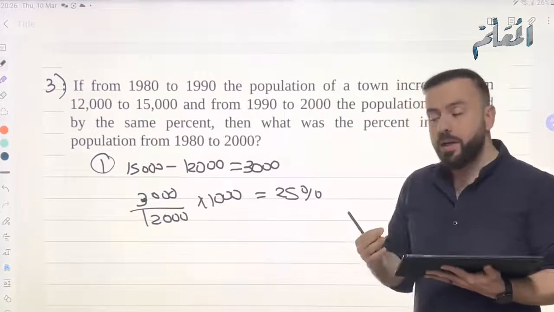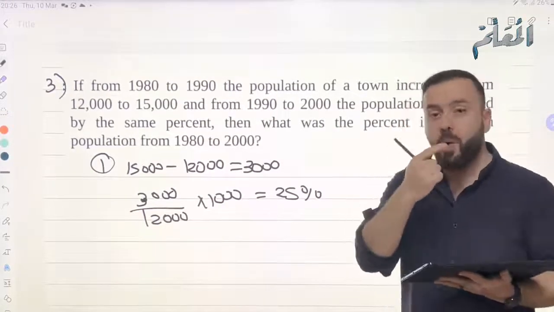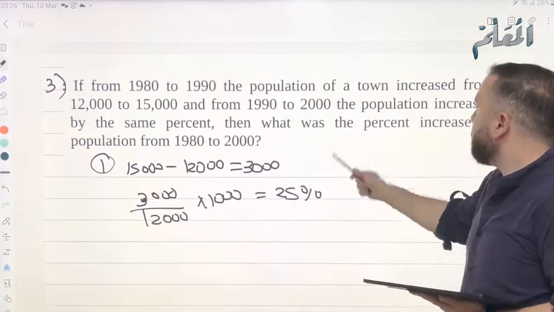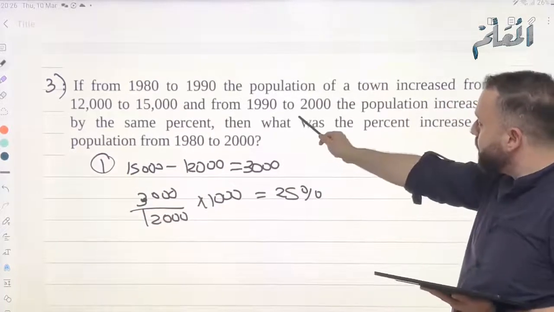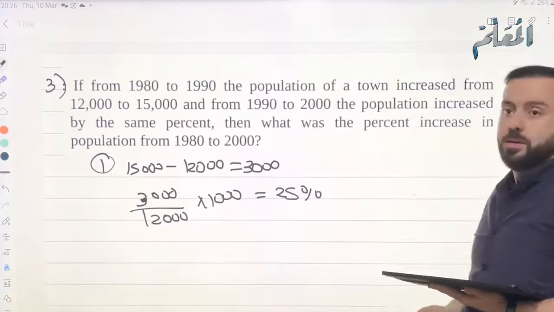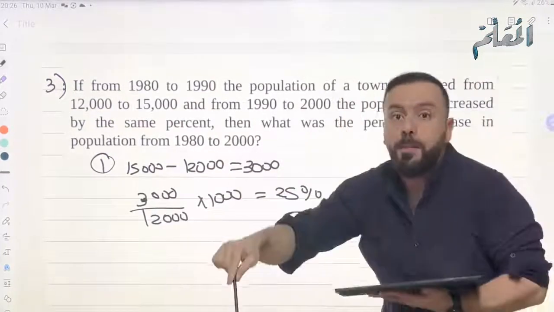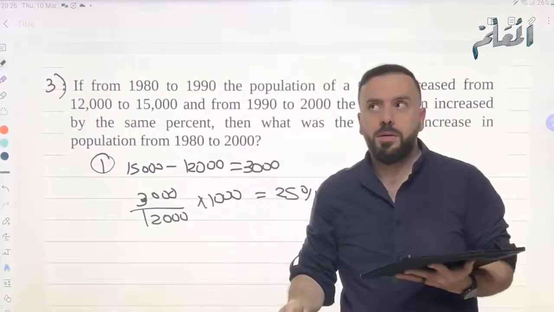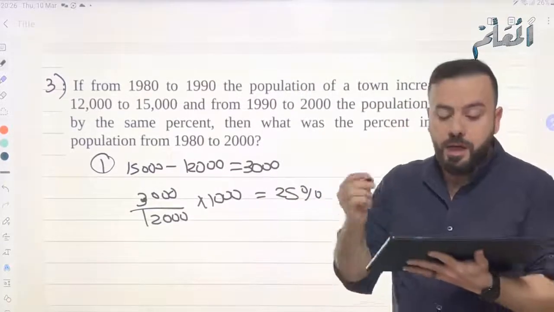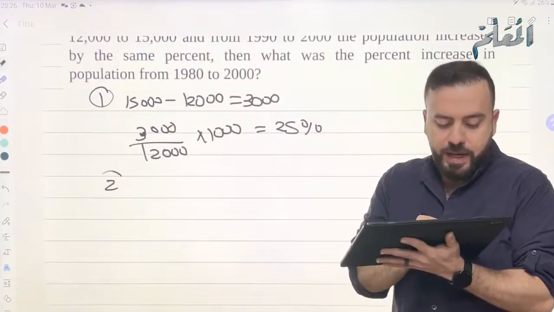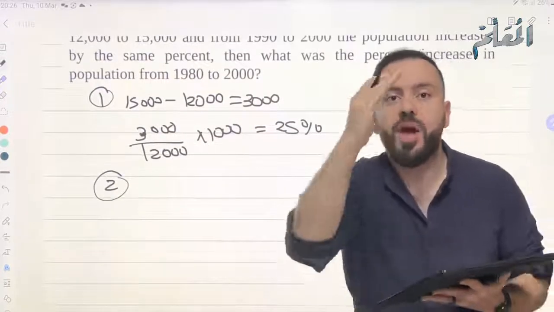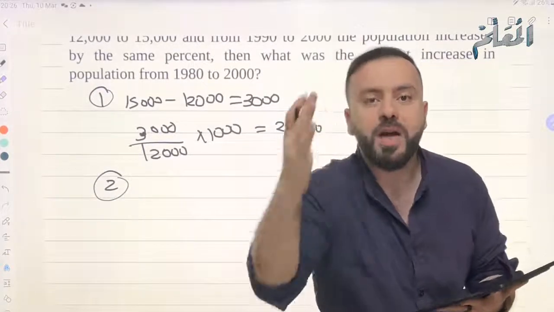The second part is telling me, and this is critical in how I say it, that from 1990 to 2000, the population increased with the same percent. What does that mean? It means, second step, I start 1990 with 15,000.